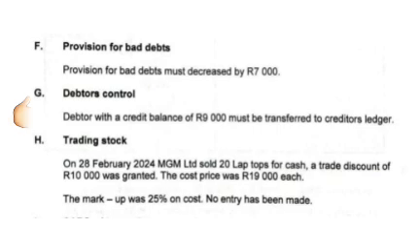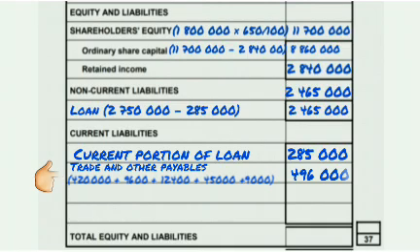And then, remember in information G, there was a debtor with a credit balance of 9,000 that must be transferred to the creditor's ledger. We said we needed to take it out of debtor's control for it to now be added in creditor's control. So that means this 9,000, we are now adding it to the creditor's control.